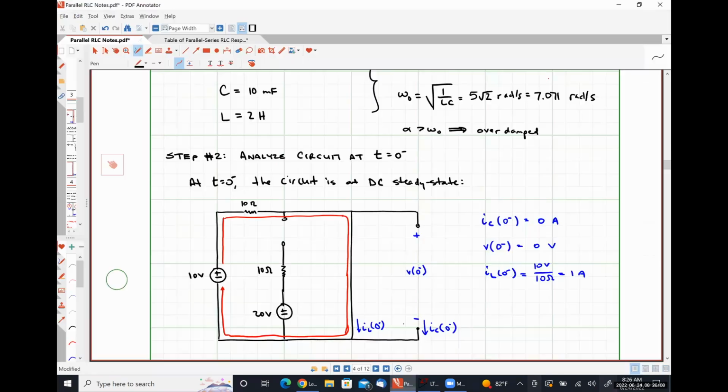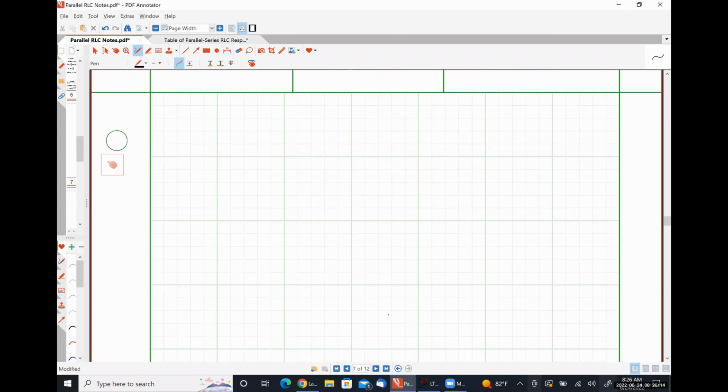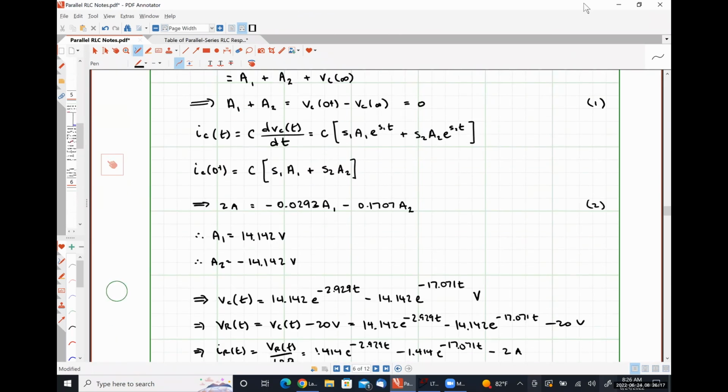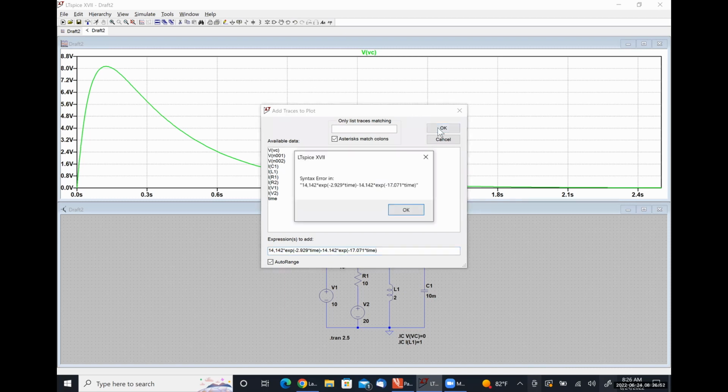So to remind myself of what that was, let's scroll down here. 14.142 times e, which LTSpice needs as EXP, negative S1, so 2.929 times t, LTSpice's time, minus 14.142 multiplied by the exponential of negative 17.071 times time. I press OK.